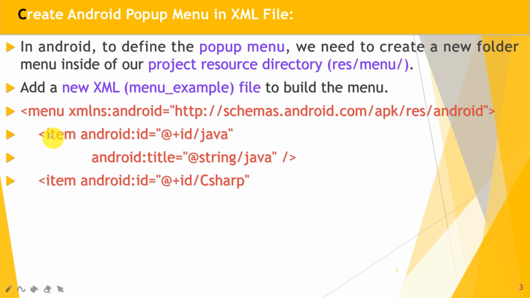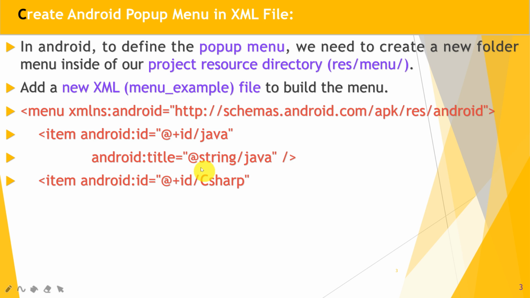So the code is: first the menu tag, and inside the menu tag there is an item tag. Inside the item tag we have to specify the ID and the title of your menu item. Great. So in the items, suppose here we have to specify Java, C#, C++ language names, and we have to create one button in our main activity XML file.